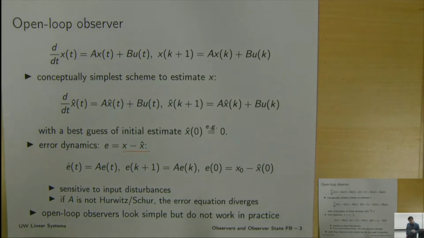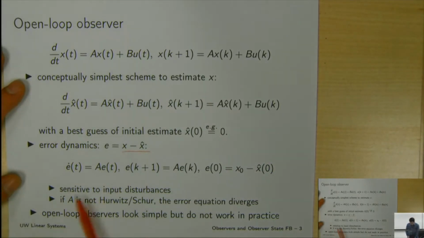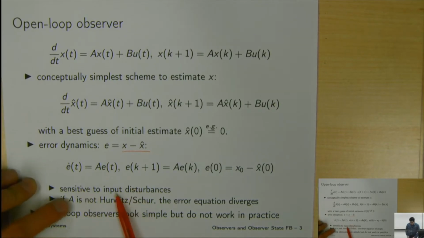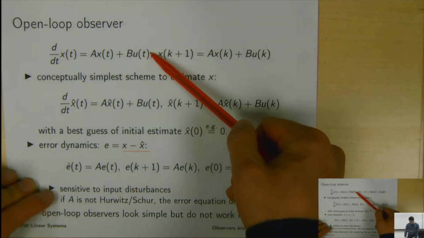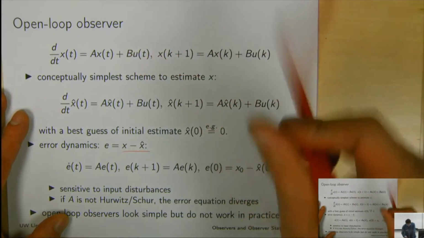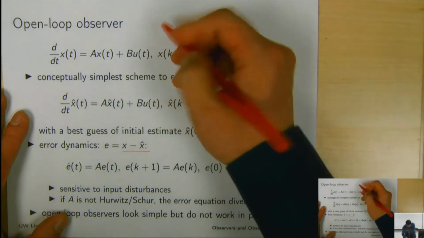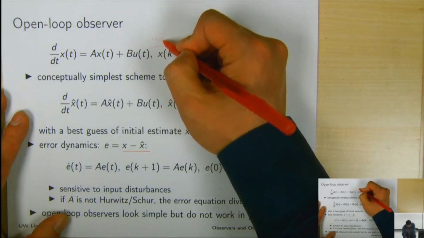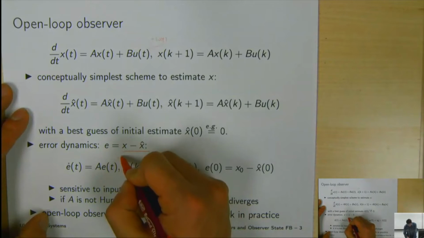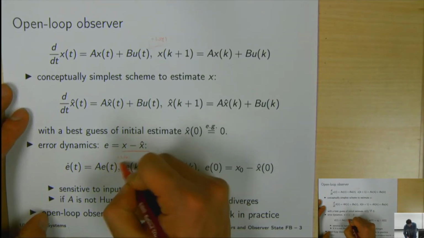That's not the only problem that can happen. The other problem is if there are any input disturbances, right? If the actual system dynamics has a disturbance term, let's say w(t), then w(t) is going to appear inside here, right?